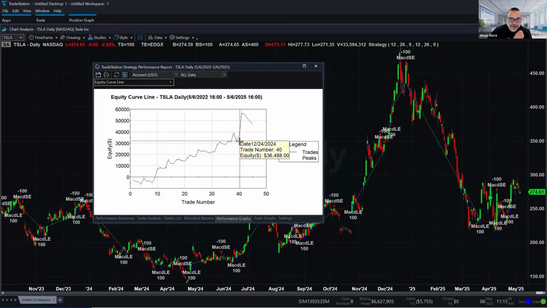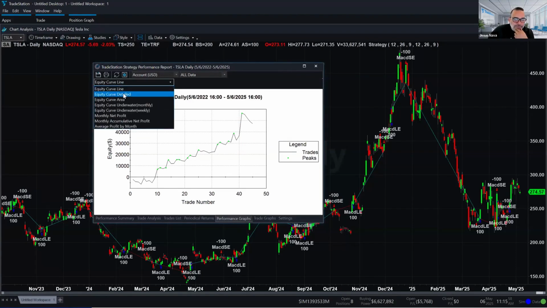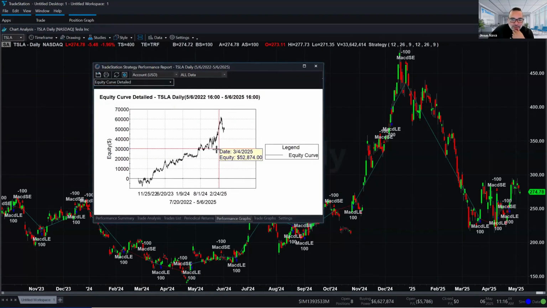Of course, over here, it just calculates from trade 40 to trade 41, and it has that huge increase in equity because it doesn't calculate time. Now, if I go into the equity curve detail, I can go to December. Here it is, December 2024.